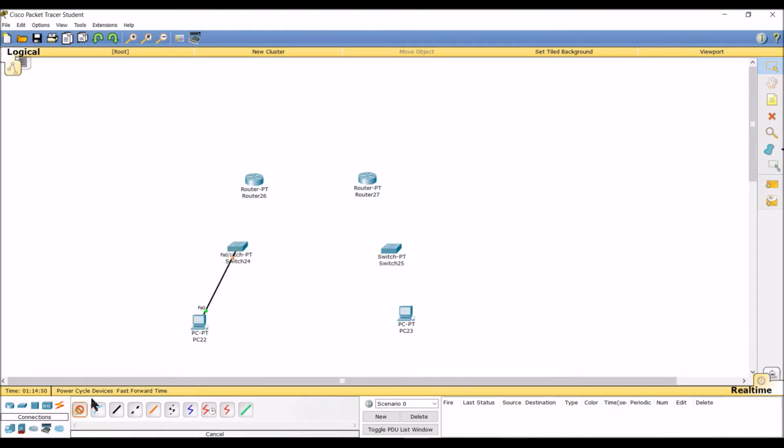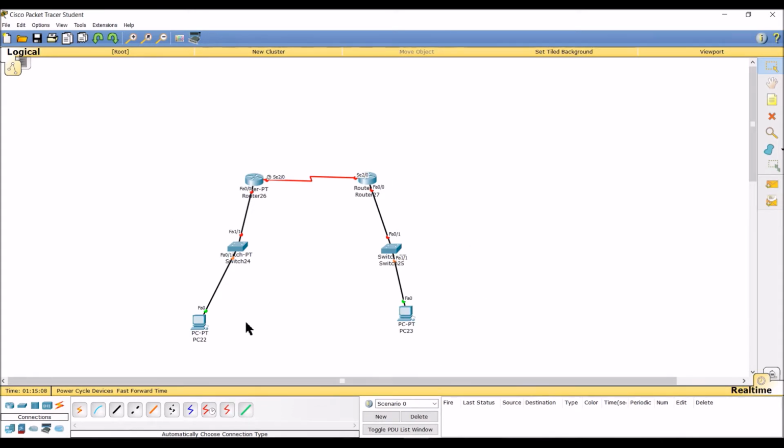So we are going to connect this via cables. Let's consider this whole topology is in the class A network.